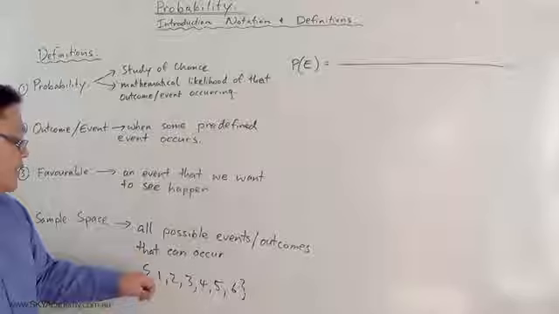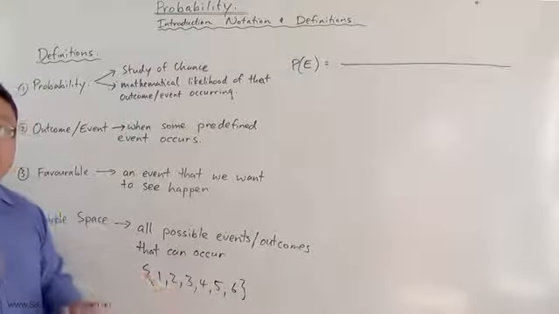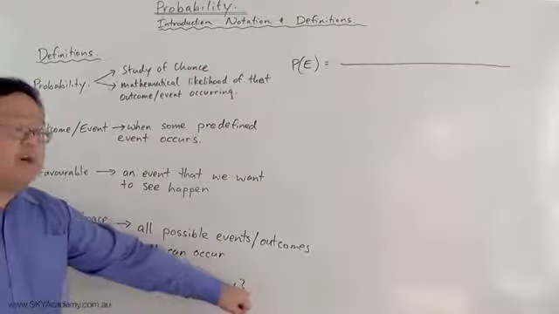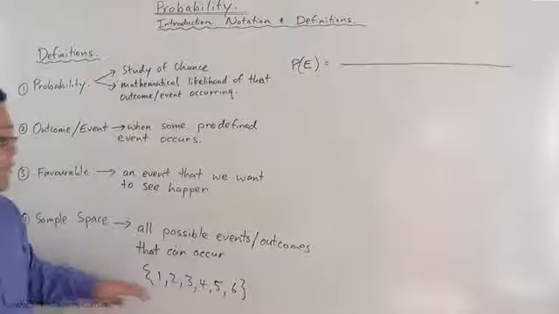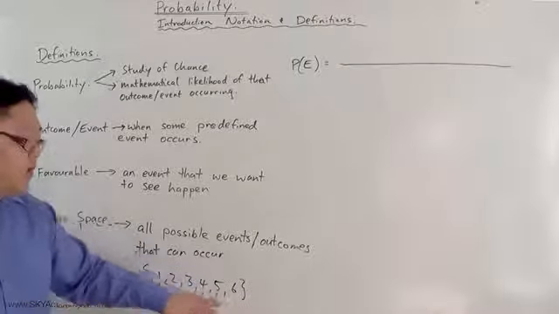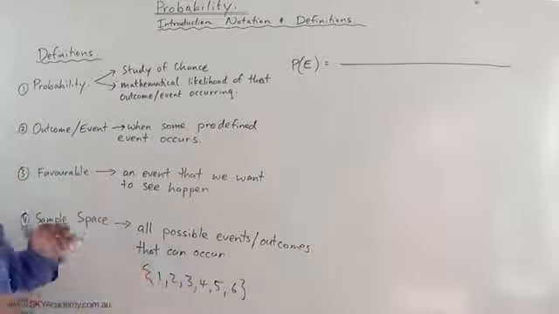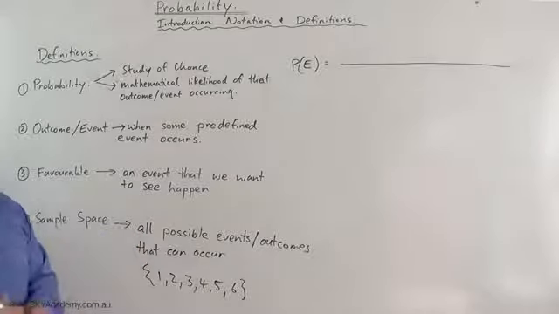You can't roll the number 0. You can't roll the number 7, 8, 9, or 10. All the numbers that you can roll are listed here, and that's what we call the sample space. It's the list of all possible outcomes that can occur.